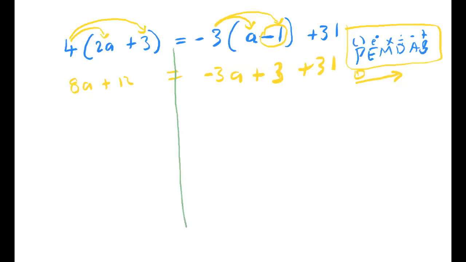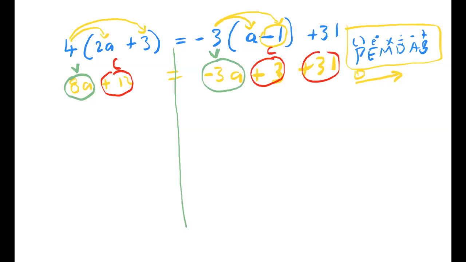So first of all, we put a line between the two sides of the equation. We label our variables. We have a variable, which is 8A, and we have another variable, which is 3A. And our constants are 12, 3, and 31.